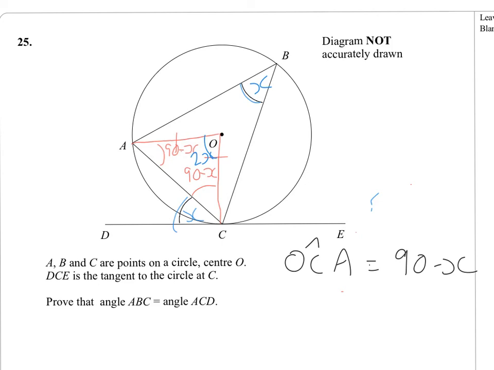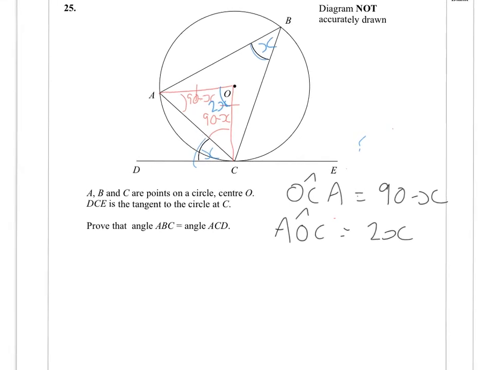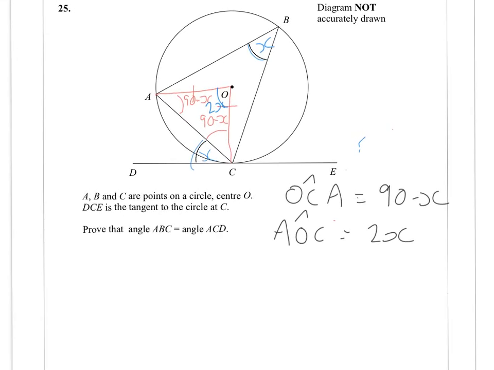You'll get 1 mark for showing that AOC is 2x, and the reason why, and the final mark for saying that ABC is AOC divided by 2, which is x.